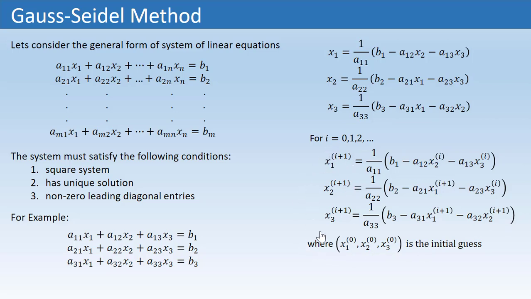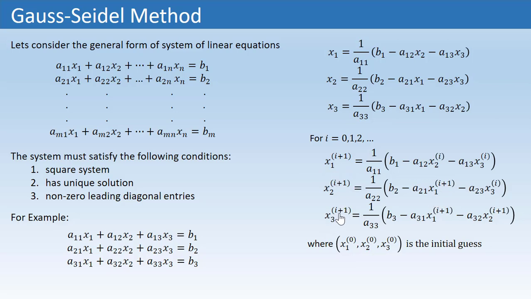On the left hand side superscript we have written i plus 1, and you can figure out that to find the i plus 1th approximate solution of x1 we need the ith approximate solution of x2 and x3. To find the i plus 1th approximate solution of x2 we need the ith approximate solution of x3 but the i plus 1th approximate solution of x1, which we just found in the first step.